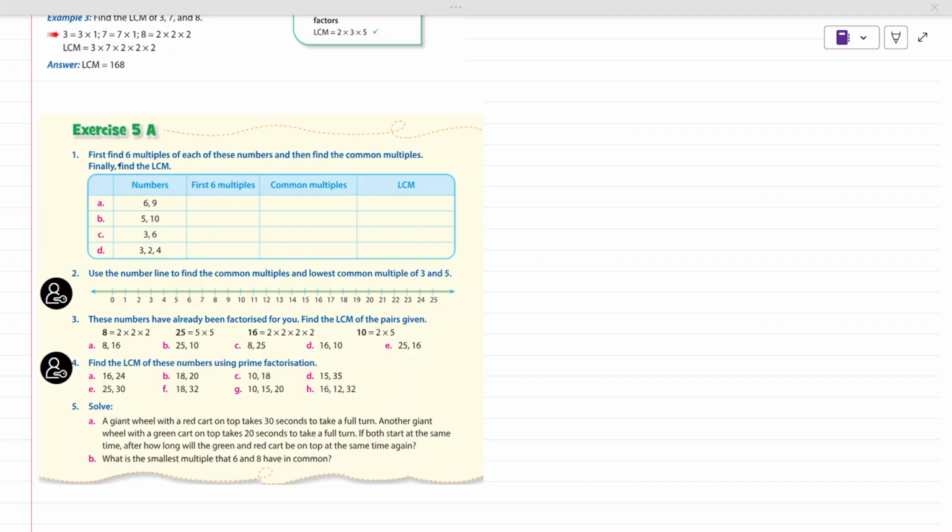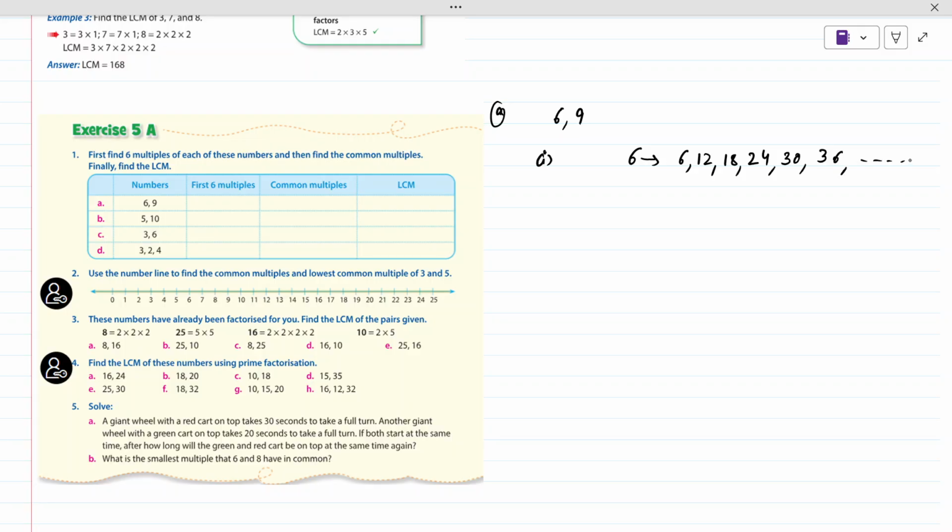The first question is: find the first 6 multiples of each of these numbers and then find the common multiples. I am picking the first part, where we have to consider the numbers 6 and 9. First we find the first 6 multiples. The multiples of 6 are 6, 12, 18, 24, 30 and 36.